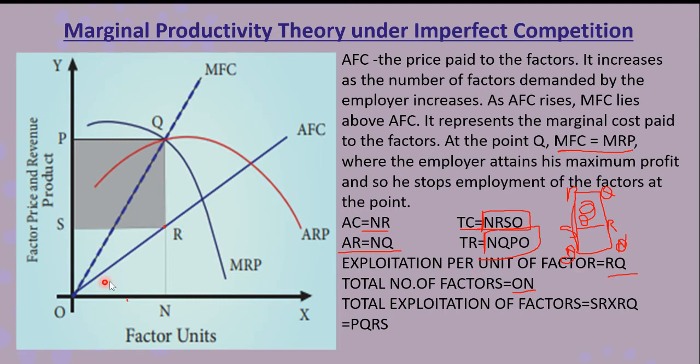The total number of factors employed is ON. So ON into RQ, or instead of ON you can say SR, SR into RQ will give you SRQP, which is called as the profit or the total exploitation of the factors. So this is the marginal productivity theory under imperfect competition.